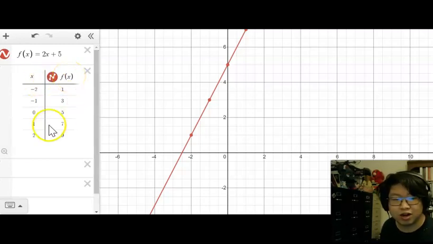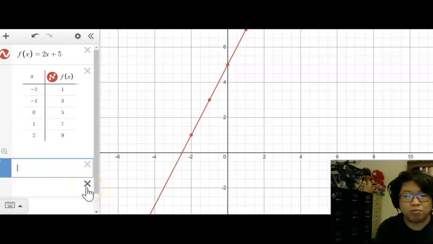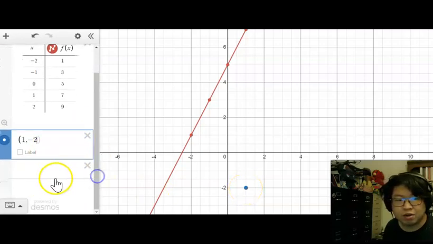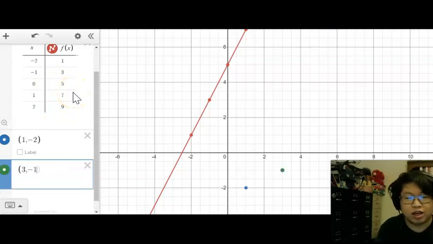Same difference, right? So if I'm thinking about it, this was the point -2, 1, the ordered pair -2, 1 on this particular function. So in order to reverse it, I would plot a point 1, -2. So here's a point on my inverse. And I'm going to keep going. This next one will be 3, -1.